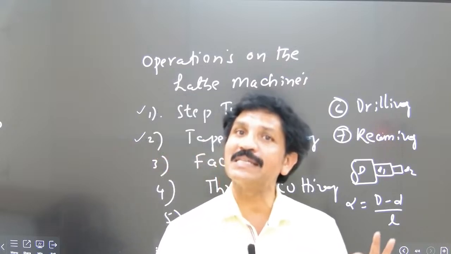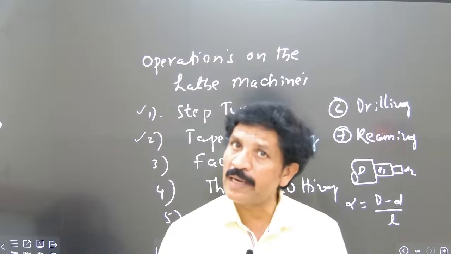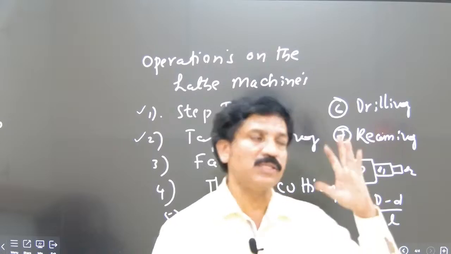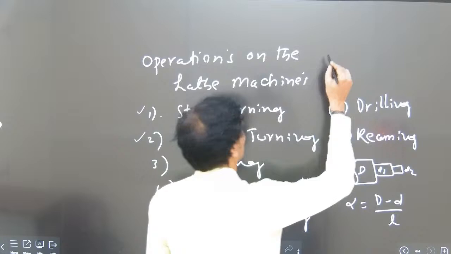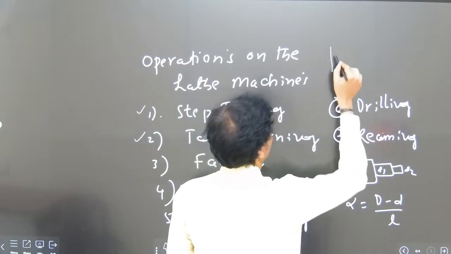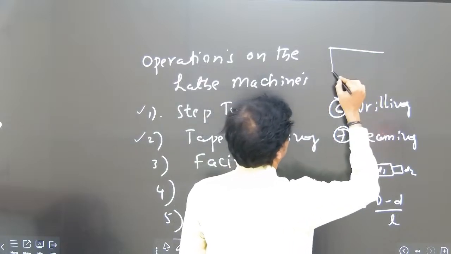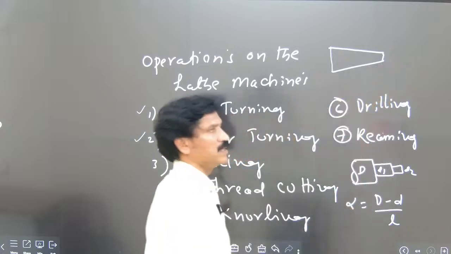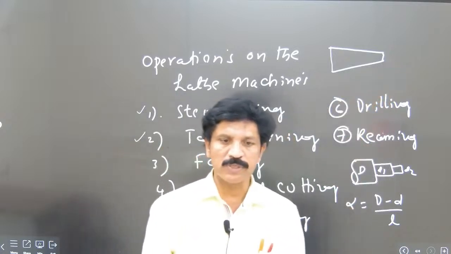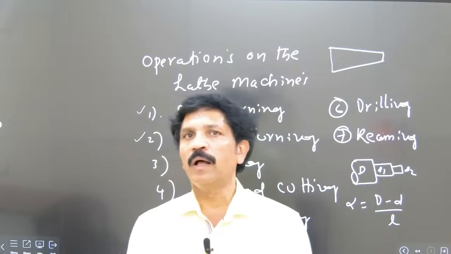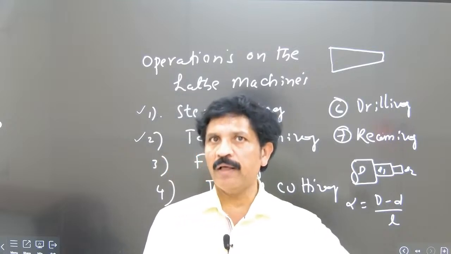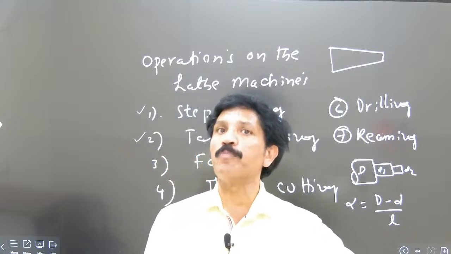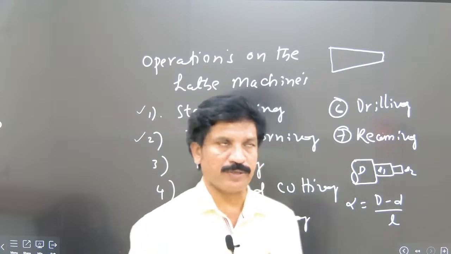So what is this capital D? What is this small d? What about that length? See this one. For example, this is the taper I want. That means I need to prepare a job on step turning. After the step turning and the facing operation, I want to make the taper turning operation.